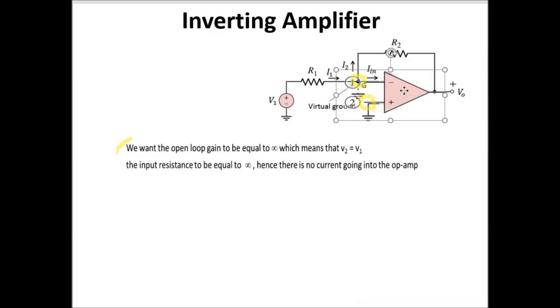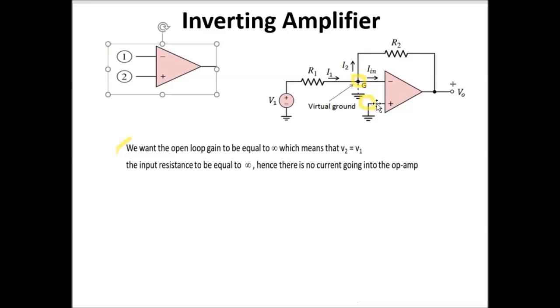So if I just take this away for a while, you can see your node 2 here is directly connected to ground, so it's grounded. Because it is grounded, we can safely say that V2 is equivalent to 0 volt, because this node is directly connected to ground.